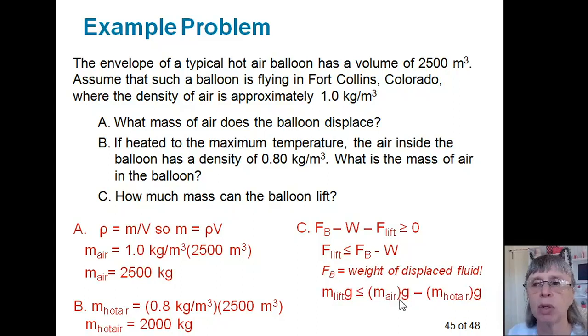That's the mass of the cold air times g minus the mass of the hot air times g. So we know all of these values, and you can calculate the mass that can be lifted by simply taking the difference in the mass of the cold air and the mass of the hot air. So that means this balloon is going to be able to lift about 500 kilograms.